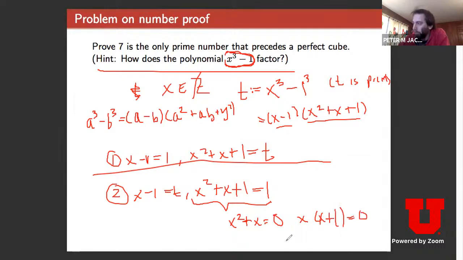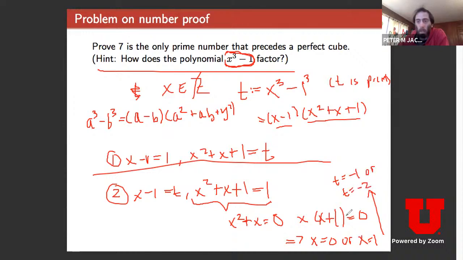And that implies that x is equal to 0 or x is equal to -1. But this implies that t is either equal to 1 or t is equal to -1.